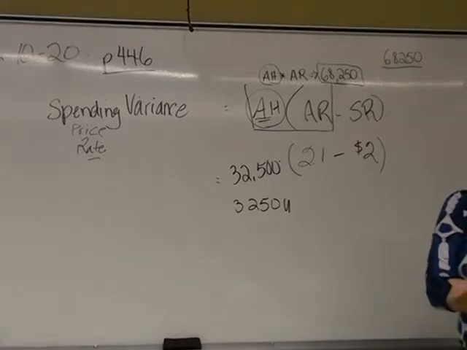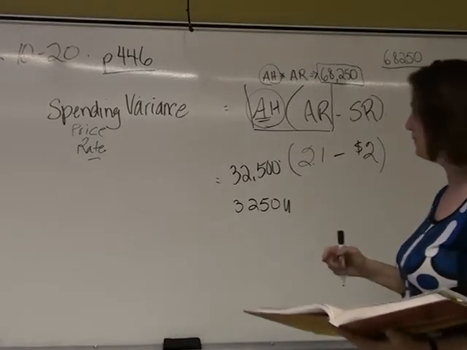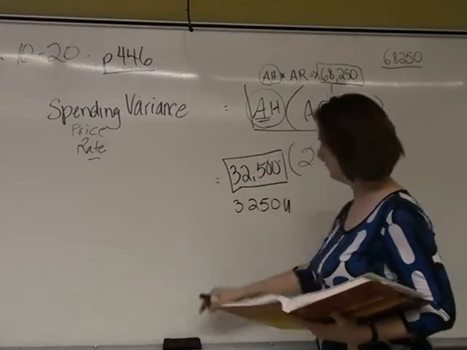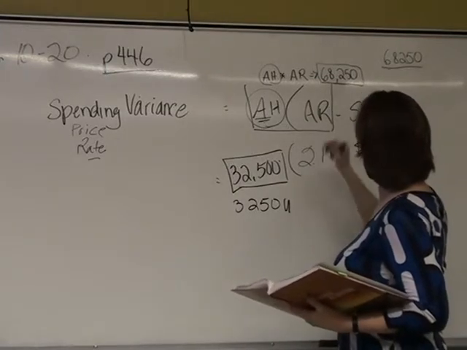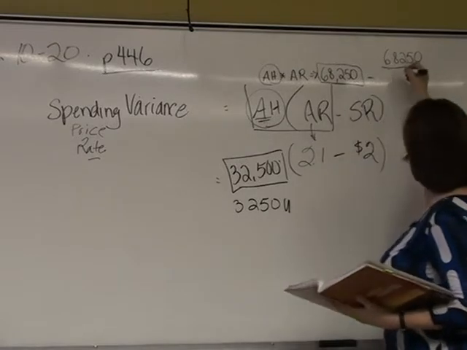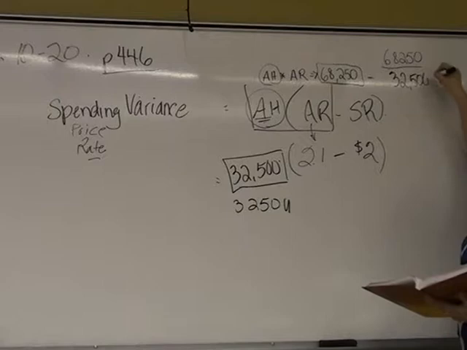Yep, where they said in C that the company worked 32,500. So this gives you this rate of 2.1, correct? Yep, 2.1.